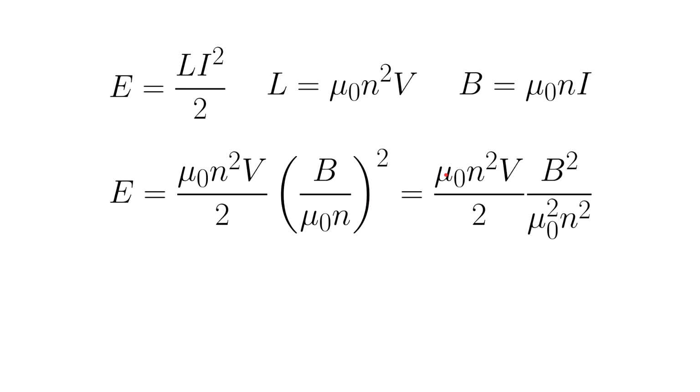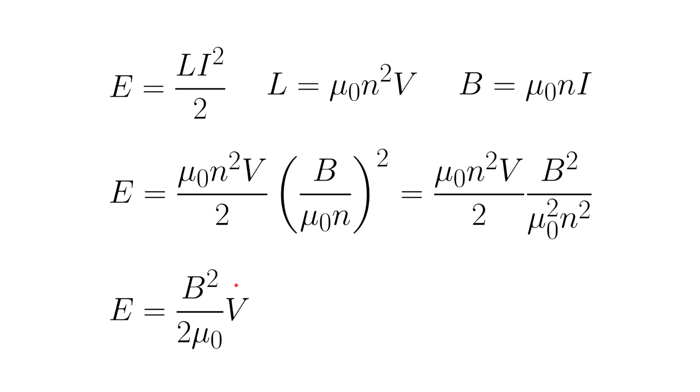So we see here mu0 times n squared times V times B squared over 2, over mu0 squared times n squared. As you see, the n squared can be cancelled, and also one mu0 can be cancelled, and we have no mu0 at the top. So we have such an expression: the energy of a magnetic field is B squared over 2 mu0 times volume.